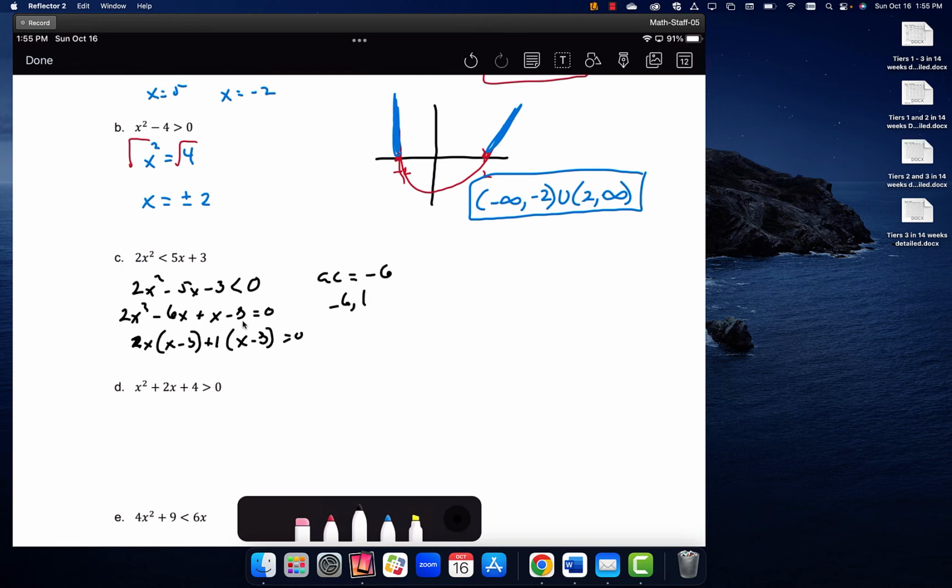Notice the parentheses are the same. That's an indication that we're on the right track. So factor out that GCF again, and we're left with x minus 3 times 2x plus 1. From here, we can see that the x-intercepts are 3 and -1/2.